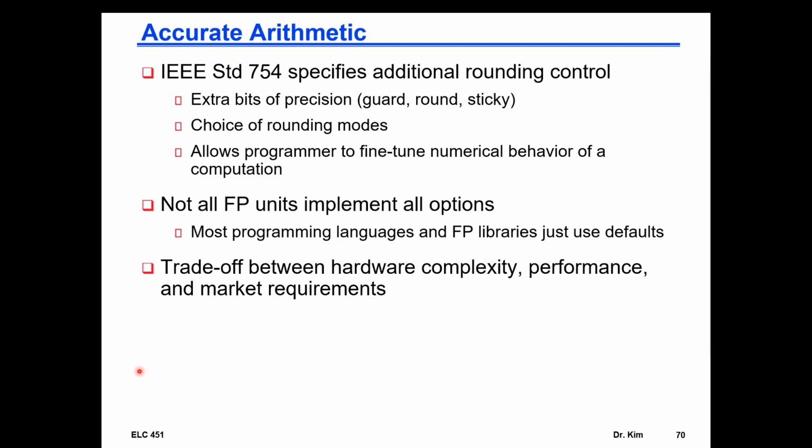So the standard, through these bits, gives the programmer the ability to fine-tune the numerical behavior of the computation by having a choice on how rounding is done. Again, these are the more specific complexities of the standard, and not all floating point units implement all these options.